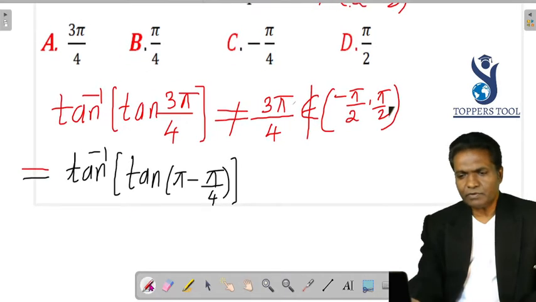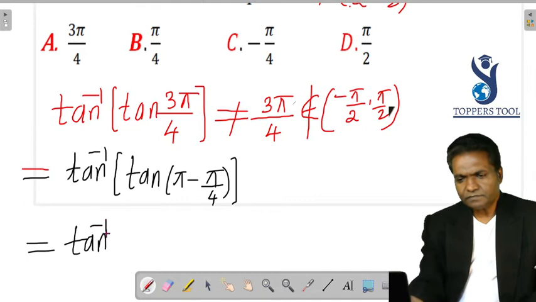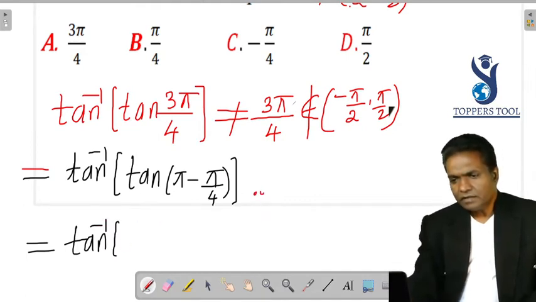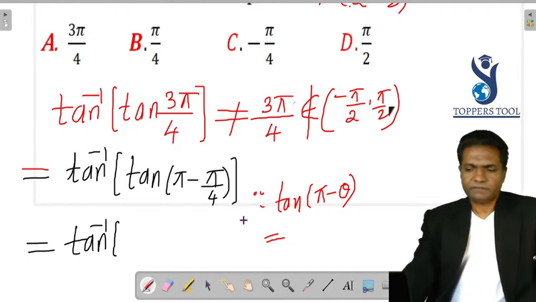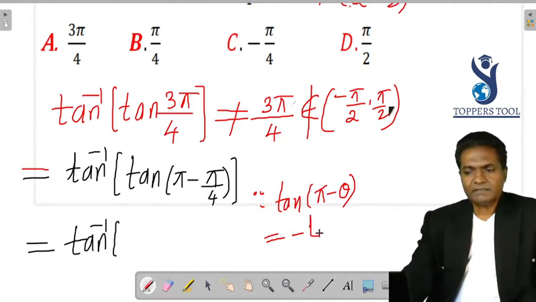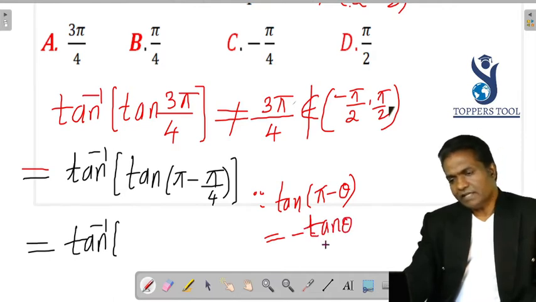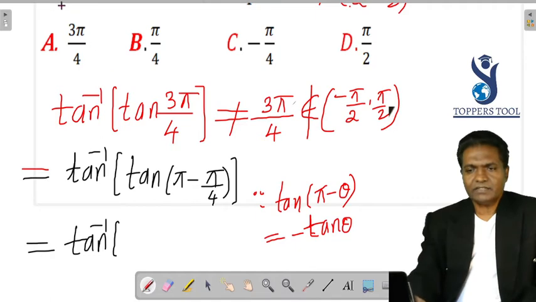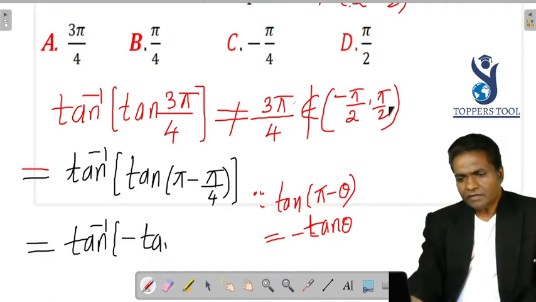By practice you will come to know. Now, this must be known to you: tan of pi minus theta is what? If you don't know this, you can't do this. Tan of pi minus theta is minus tan theta. Please learn all the allied angles. So I can write it as minus of tan pi by 4.